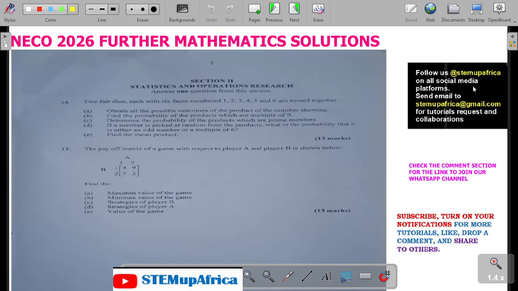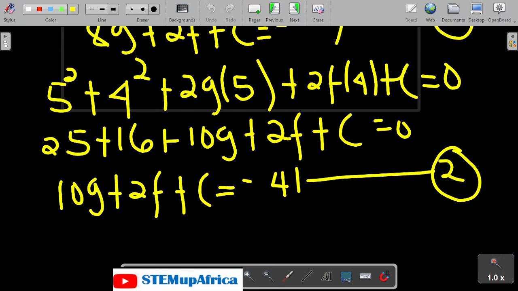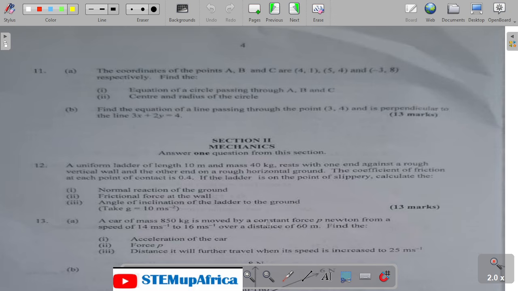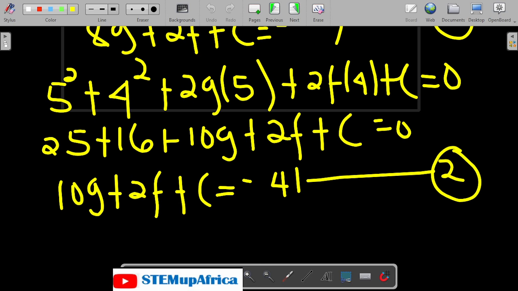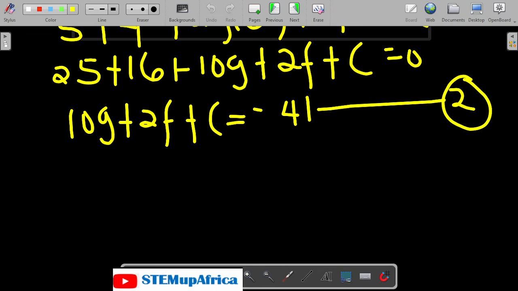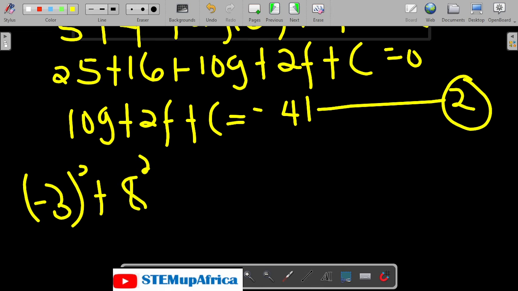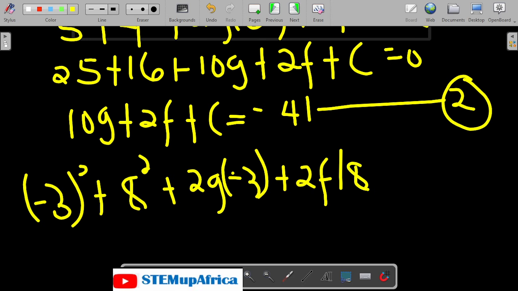Then lastly, the third coordinate. Third coordinate is (minus 3, 8). So x is minus 3, y is 8. You put it back. We're going to have minus 3 squared plus 8 squared plus 2g bracket minus 3 plus 2f bracket 8 plus c is equals to 0.